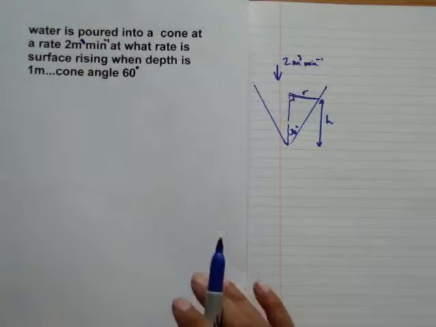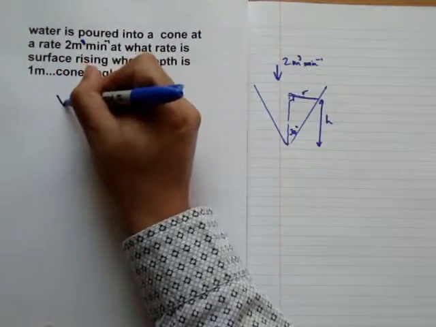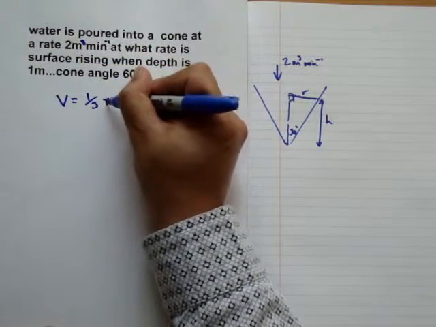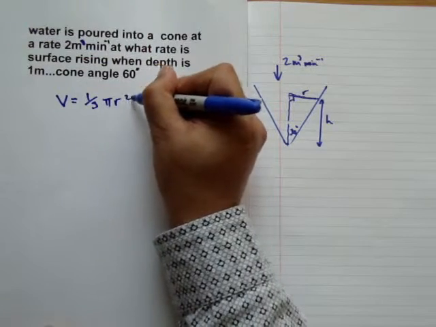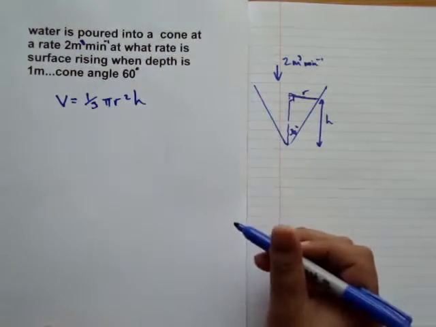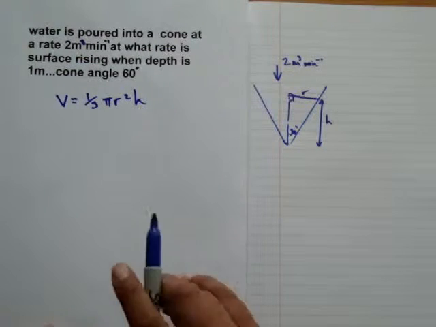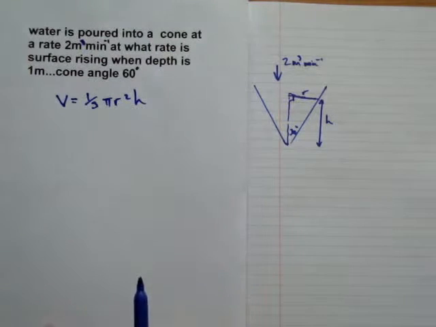So the volume of a cone is 1/3 pi r squared h. Now because we have two variables, we need to get rid of one variable, so we want to put r in terms of h.